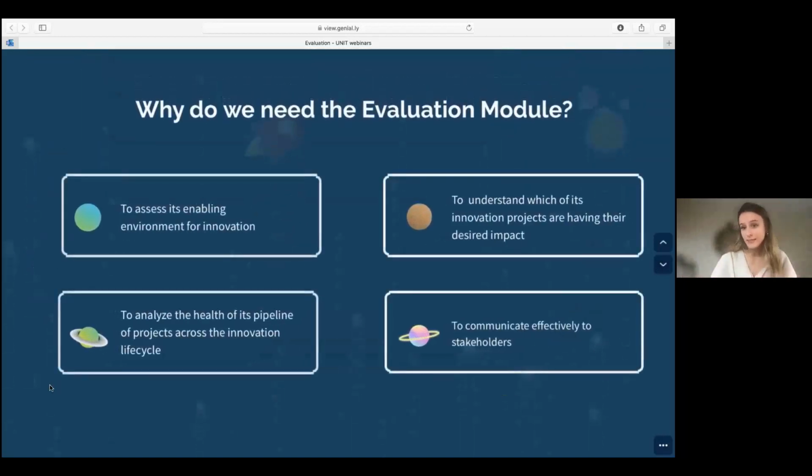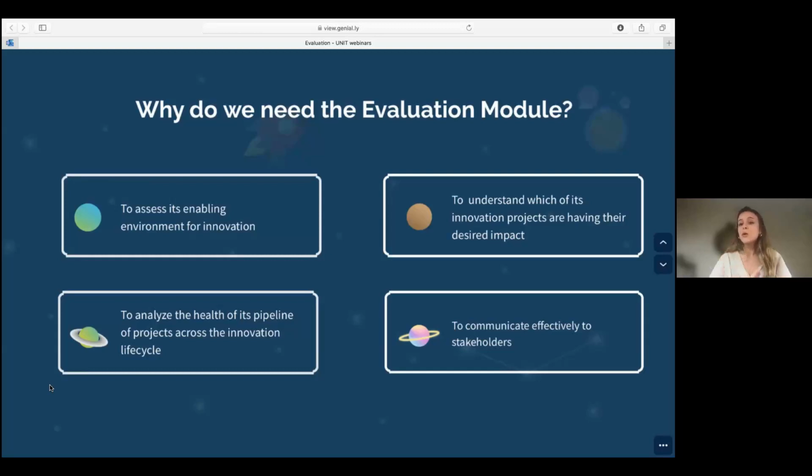What will you find in this evaluation model in the UN Innovation Toolkit? There are 4 main parts that the toolkit will support you with. The first one is to assess your enabling environment for innovation, to see if you are in a team, unit, or organization that enables innovation, or if there are certain barriers for that to happen.